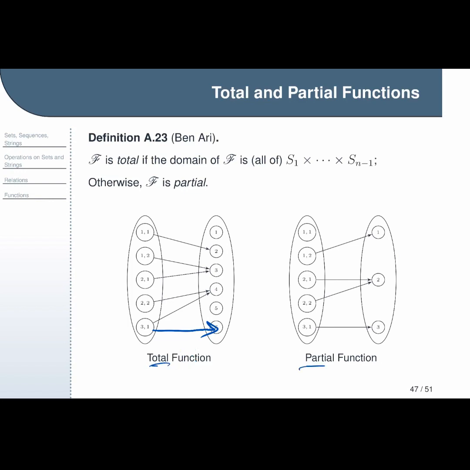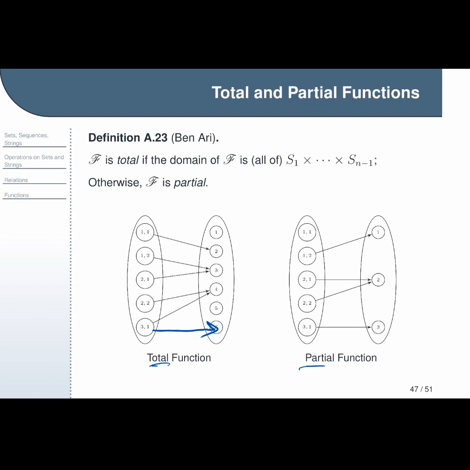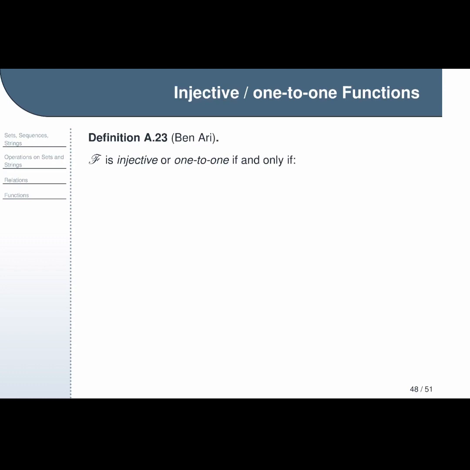So a next very important property is injectivity, or injective or one-to-one functions, but I like to think of these as functions that avoid collisions. Remember from this previous slide, we did have some collisions here. We said not to worry about them. Now we're going to worry about them. So we say f is injective or one-to-one if and only if it has this property where, remember, this represents the input.